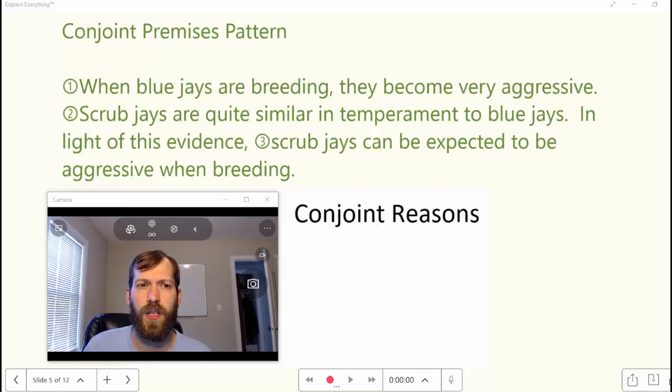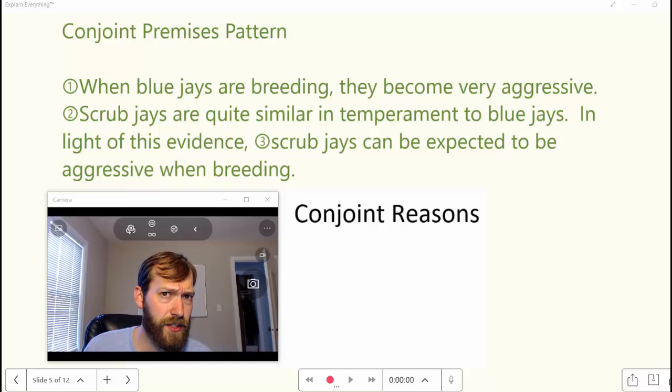All right, now we're going to take a look at the conjoint premises pattern. To have the conjoint premises pattern, you're going to need at least 2 premises to be involved, because we use the conjoint symbol when premises work together in a substantial way, such that the inference would be very uncompelling, it's not just uncompelling, it'd be pretty much a non sequitur.